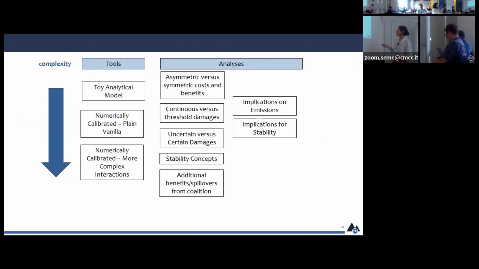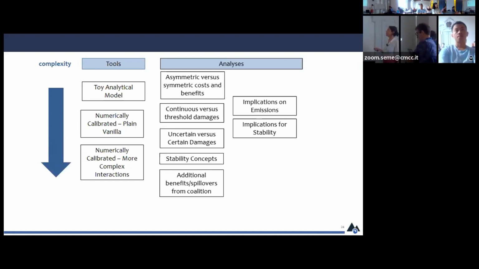If you have your uncertainty friend, that's the time to team up, because, as I told you, there's a lot to play with. Stability concepts: you have very few that I talked about, and then you can play with additional benefits and spillovers from coalition.